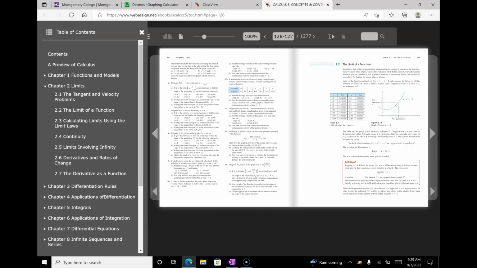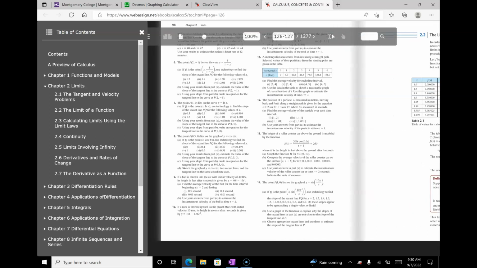Then you are doing a guess at the tangent slope, but then you're going to do your limit to get me the actual tangent slope, right? And I'll show you what I mean by doing number 7. In 2.1, number 9, that's our only homework due Monday.